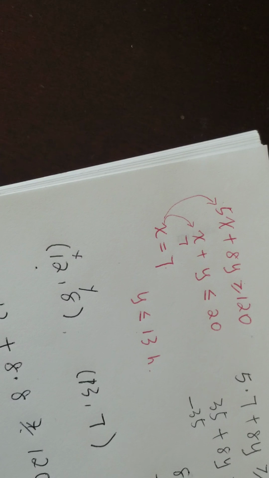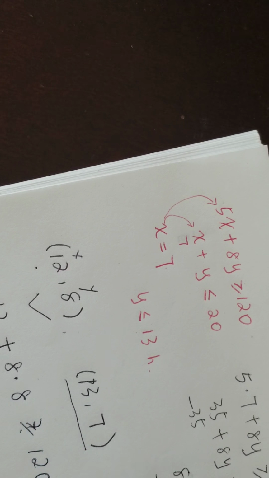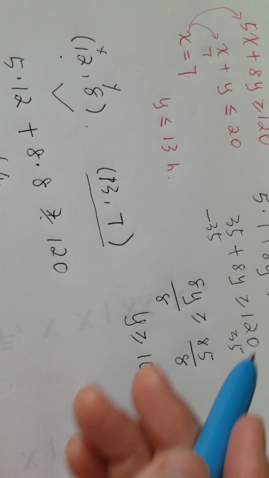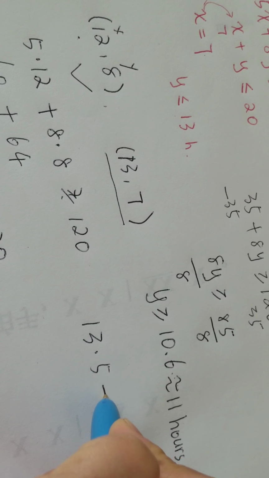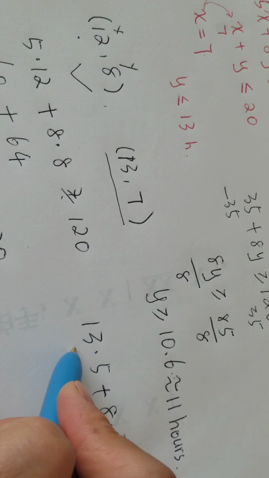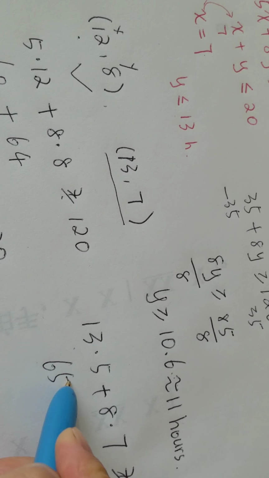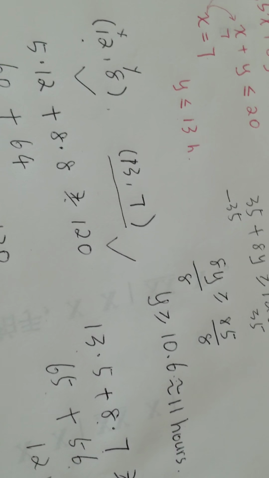Okay, good. That one works. Now let's check the other one: 13 times 5 plus 8 times 7. Will this be greater than or equal to 120? This is 65 plus 56, and that is 121, which is greater than 120. Okay, this point works too.